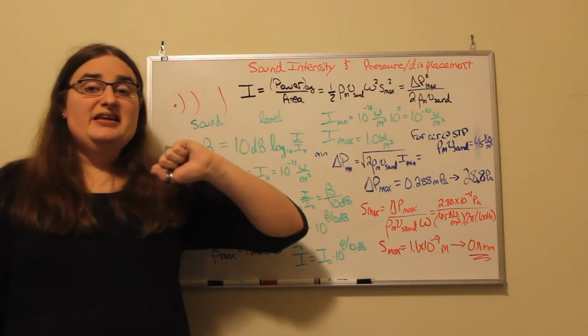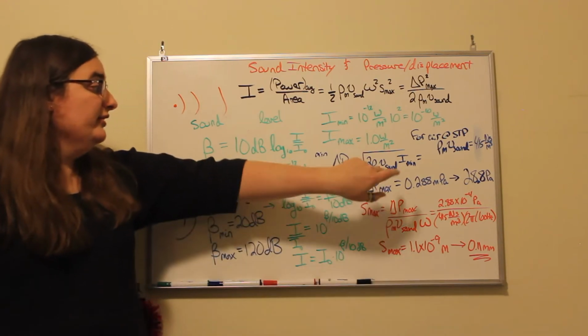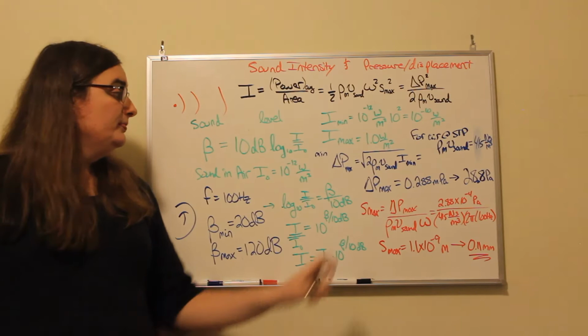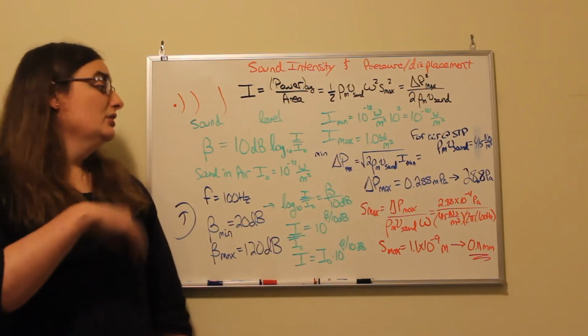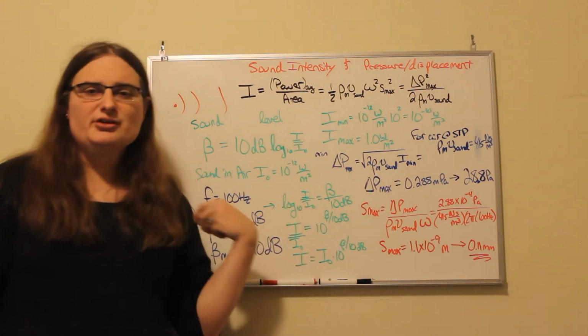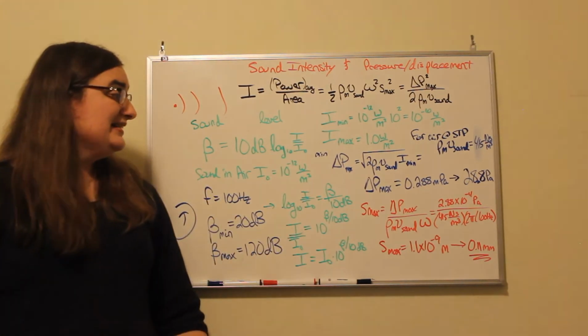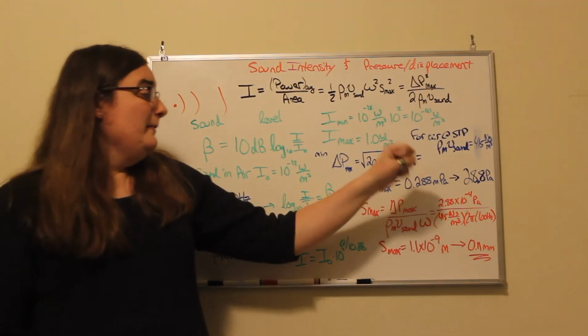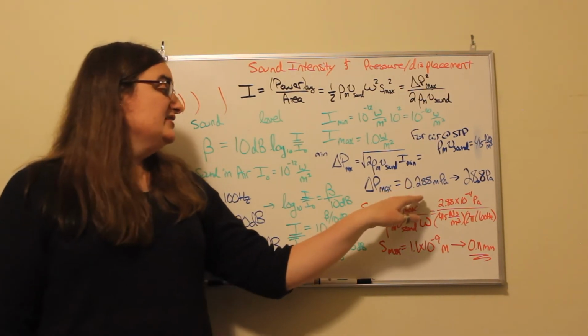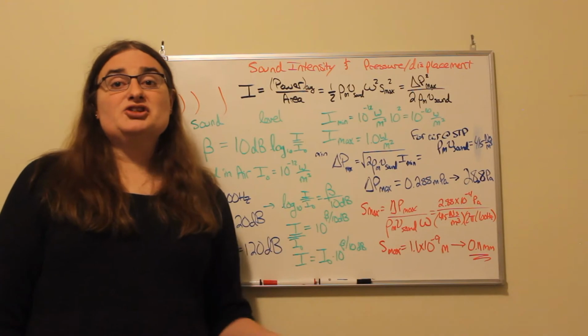So if I have 10 to the negative 10 watts per meter squared times 415 newton seconds per meter cubed times 2, I take the square root of that and I get a value of 0.000288 pascals, which is 0.29 millipascals. That's a very, very small change.